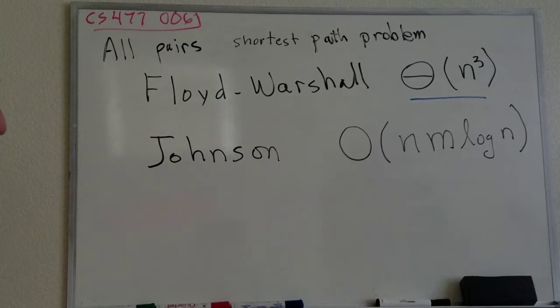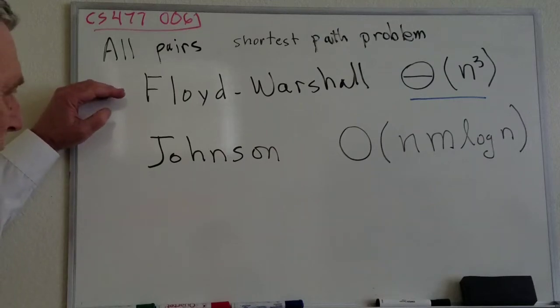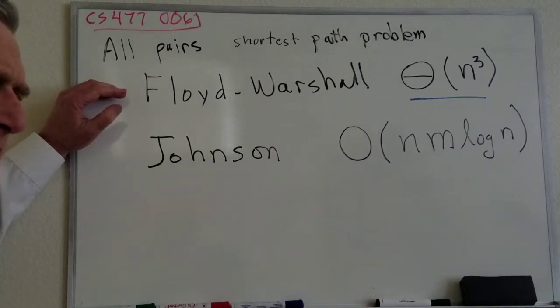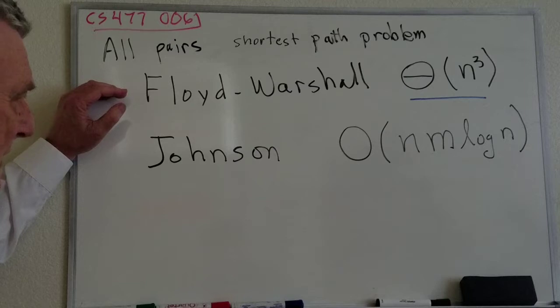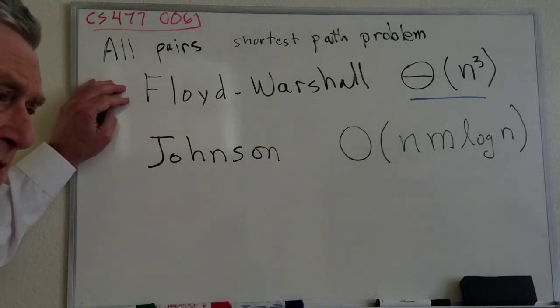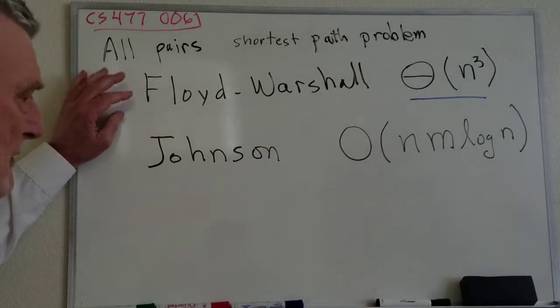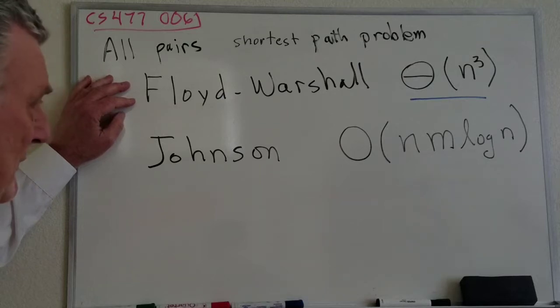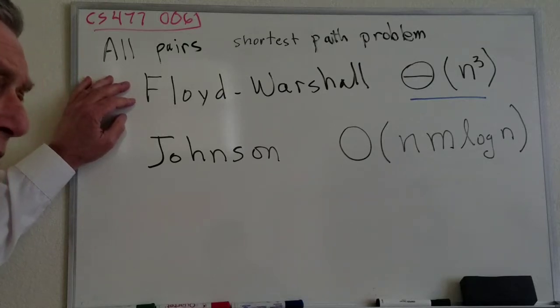We're going to learn two algorithms for the all-pairs shortest path problem. The Floyd-Warshall algorithm is relatively simple. It takes n cubed time, and it works for any directed weighted graph, providing there are no negative cycles.